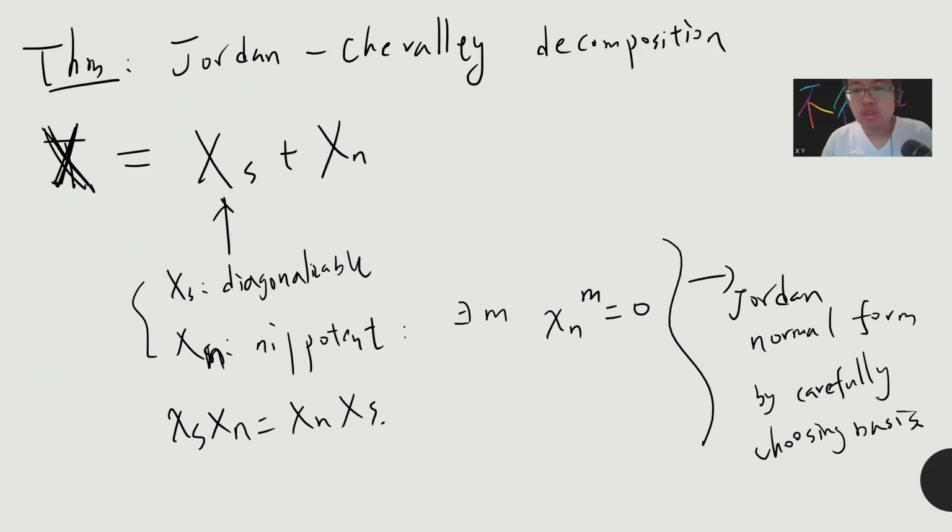Now the proof is not so trivial. There are different kinds of proof. One is using the module language, if you know enough algebra, but I'm not going to do this. The treatment that I want to do is using generalized eigenspaces.